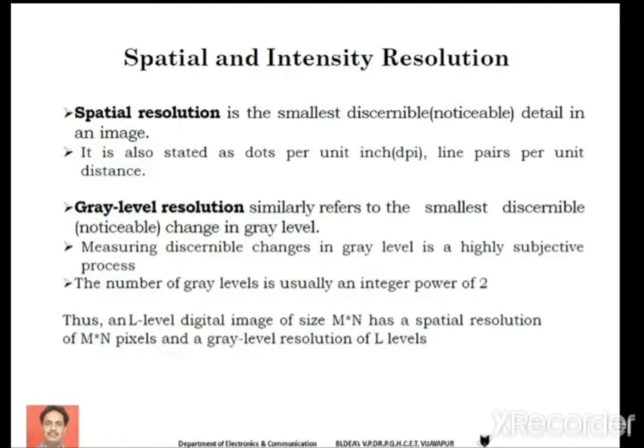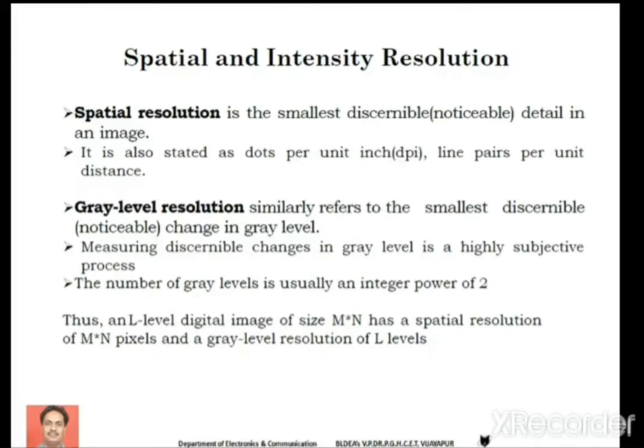Then we have one more definition called gray level resolution. Gray level resolution is similarly the smallest discernible change in the gray level. That is, the smallest noticeable gray level values in the image can be referred to as gray level resolution.